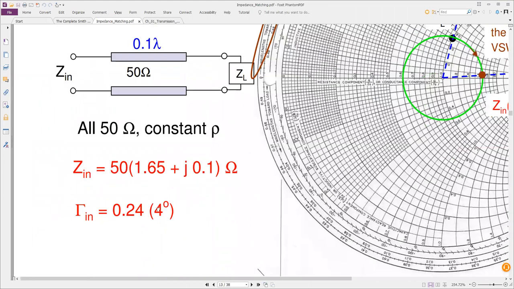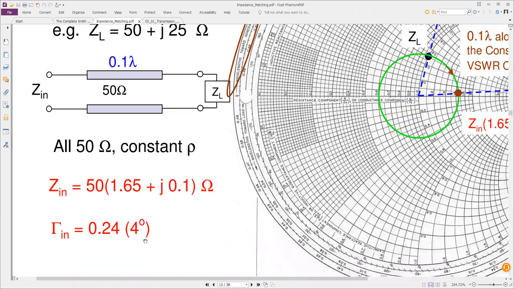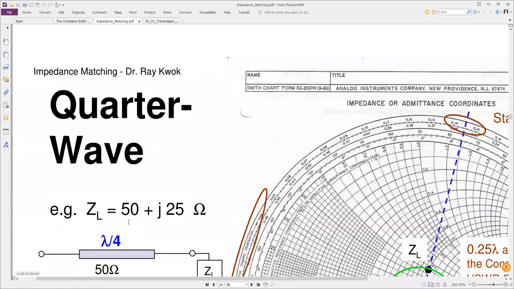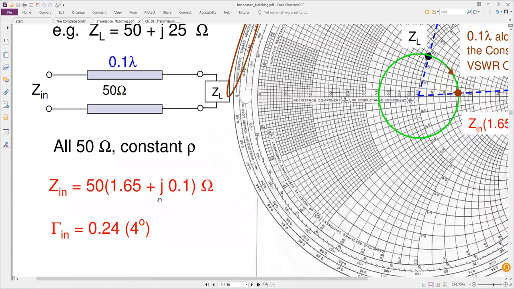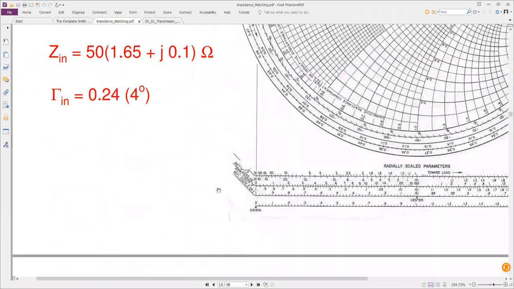Now see one thing: to find out the actual value, you have to multiply it with the characteristic impedance. The value of the characteristic impedance was 50 ohm. So you have to multiply it with this one. Then you will get the input impedance. Okay, so that is a problem. I think you have understood it.